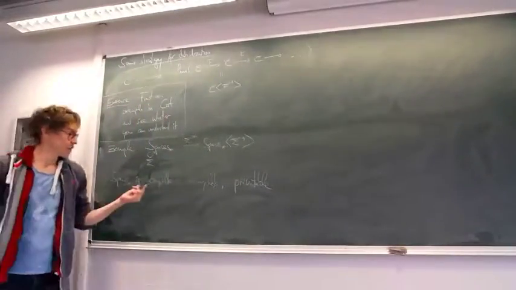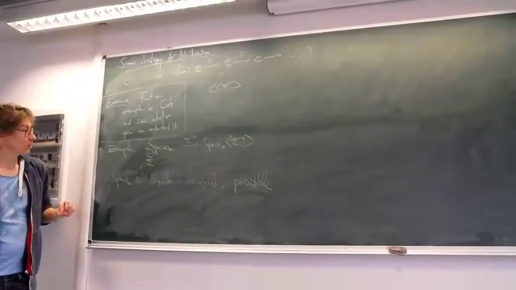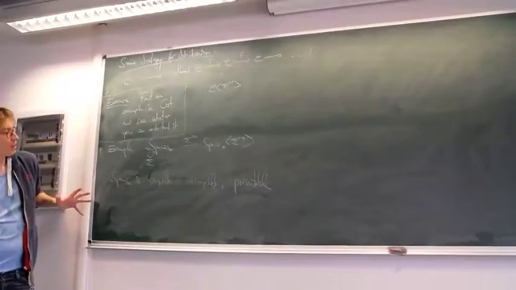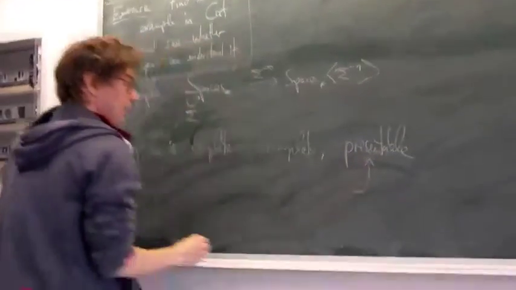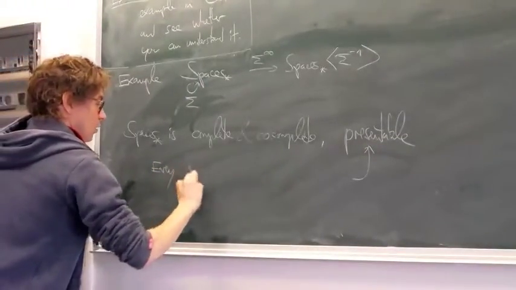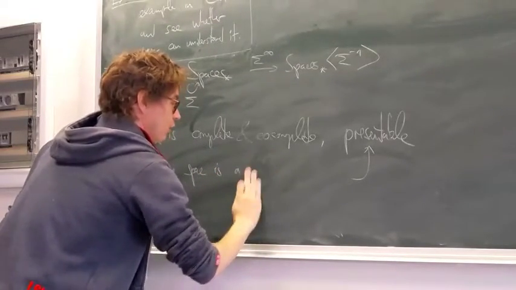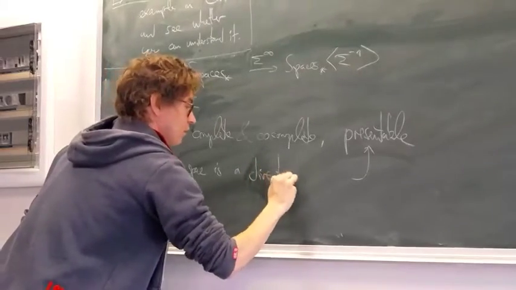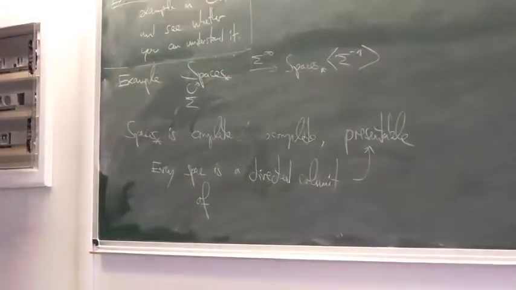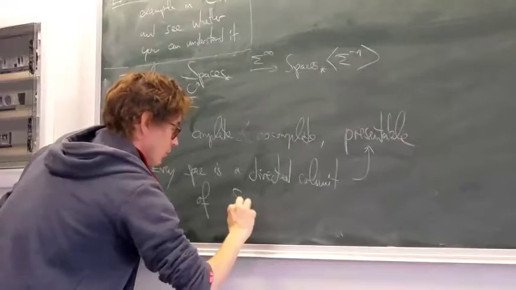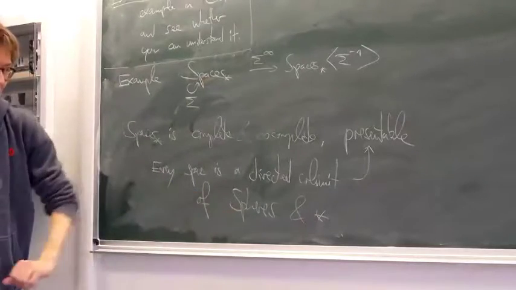That means, additionally to being complete and cocomplete, we also have a set of objects, not a class, a set of objects, such that every other object is obtained by a filtered colimit of these. So that means every space is a colimit of spheres and the one-point space.